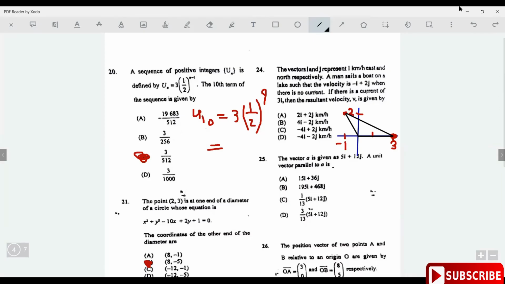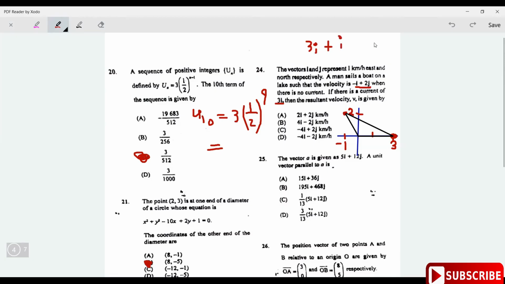But this can be a little bit tedious, so don't focus on that. What I want you to observe is this said something powerful. It says this is the velocity when there is no current, and so when there's a current of 3i, the resultant would just be you add 3i plus minus i plus 2j.